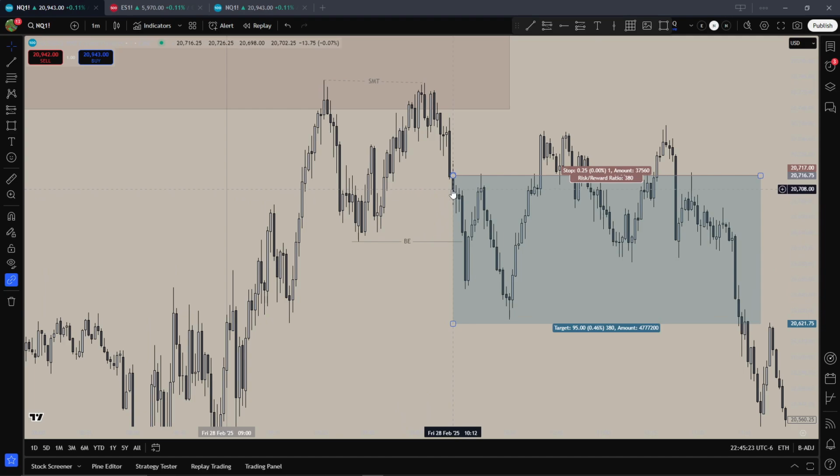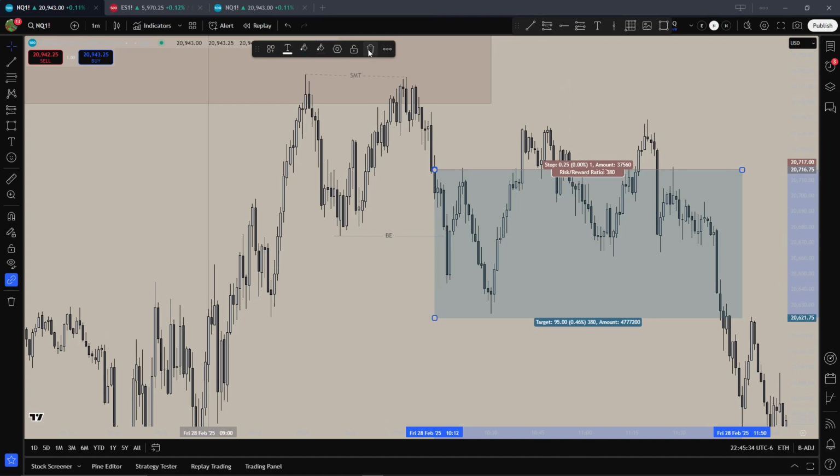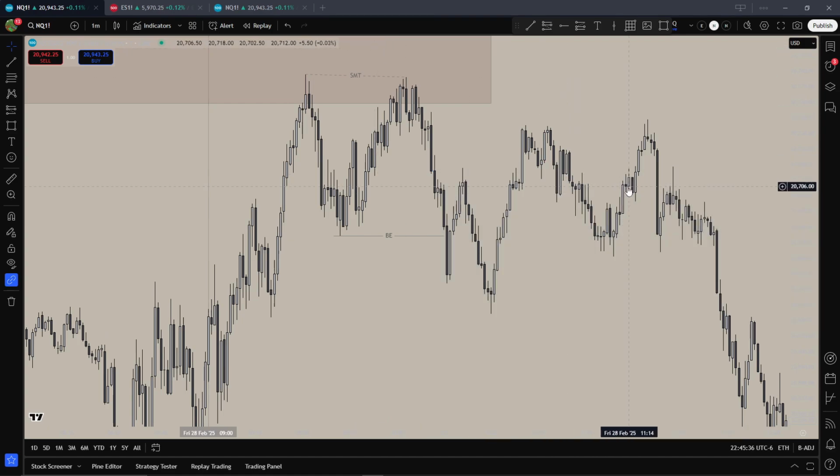About 3 minutes later I got stopped, and that was the last trade of the day. It was perfect execution for me on my end. Maybe the stop was too big, but I only went in light.